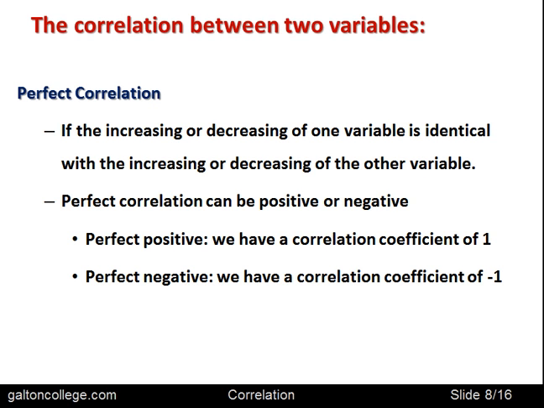So if one set of numbers is increasing and the other set of numbers is decreasing, but it's decreasing following the same rule, then it is a perfect negative relationship.